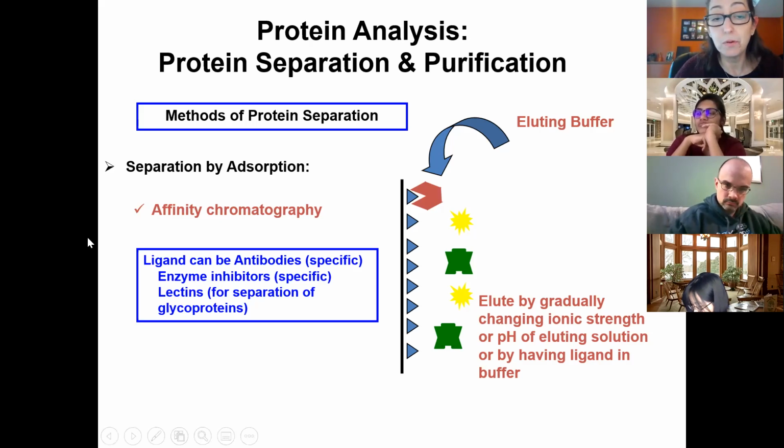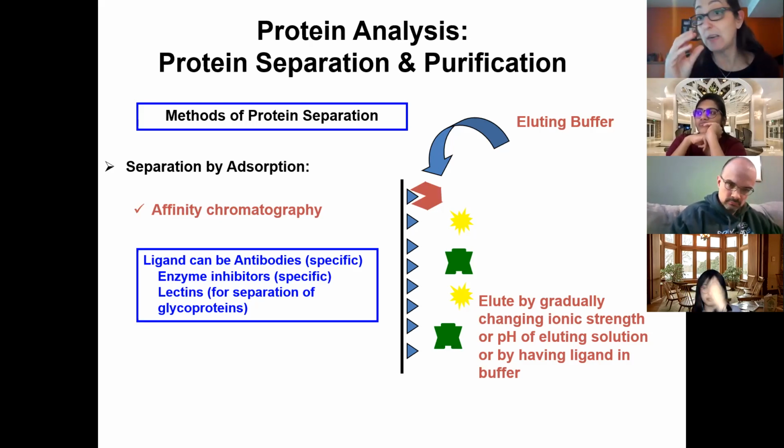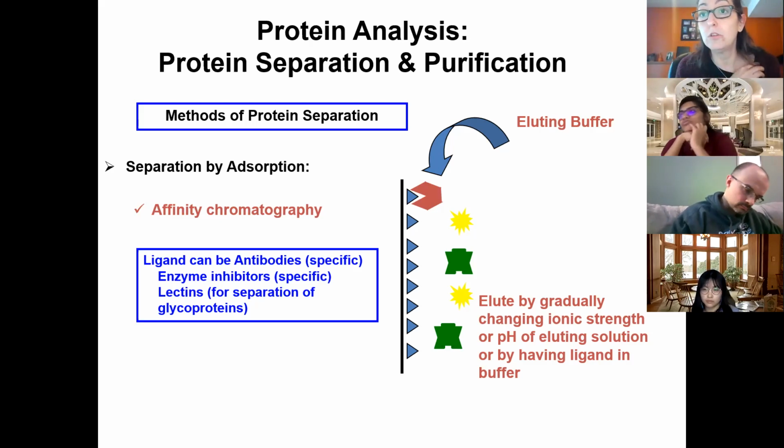Glycoproteins are often separated if you have lectins as functional groups. Now, once you have that protein of interest very specifically bound to your media, you want to get it out of the column after everything else leaves the column. What you do, you change the environment, change the pH, the ionic strength.